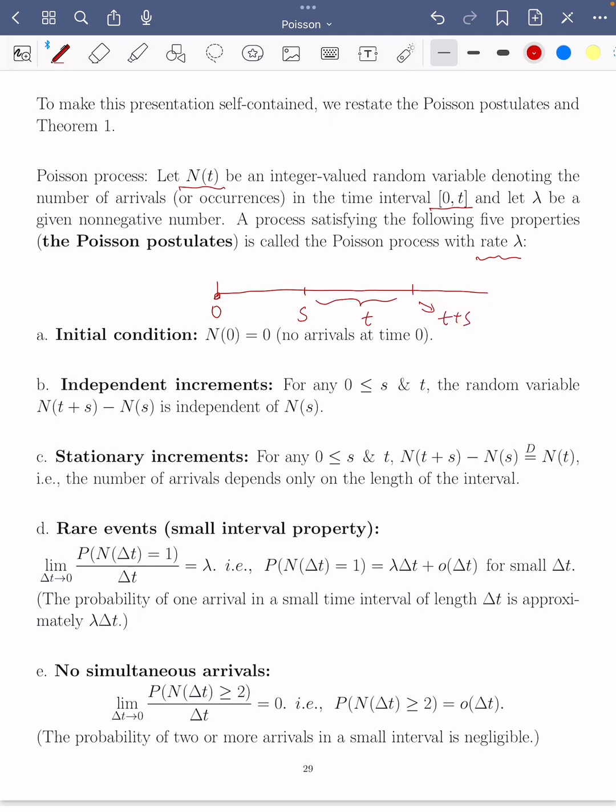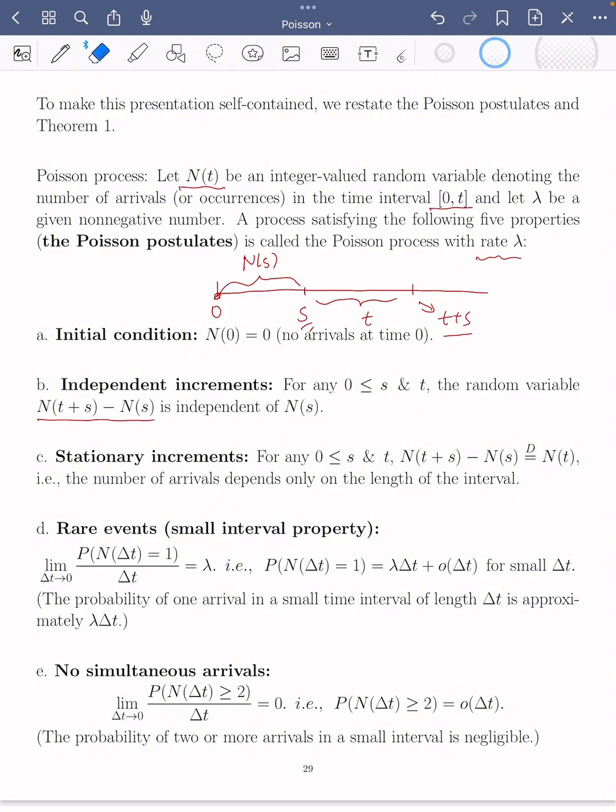All right, and then the number of arrivals within this time interval is N_s. And also the number of arrivals between s and t plus s is equal to this. And the independent increment says that these two random variables are independent of each other.